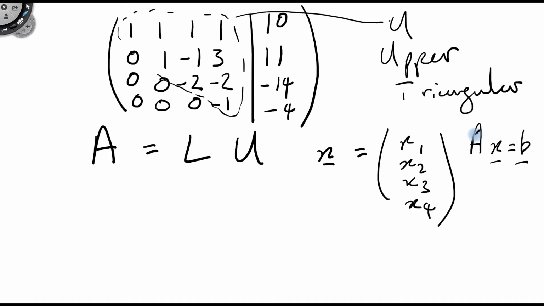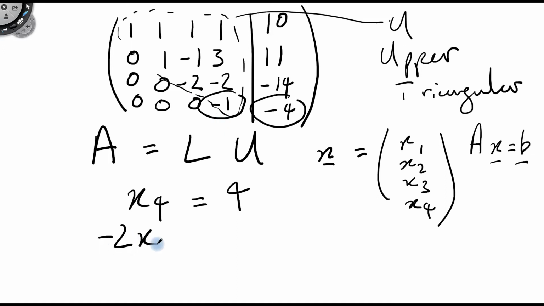So these two elements here correspond to x4 equals 4. So it's easy. And then we can evaluate the next line up, which is minus 2 times x3 minus 2 times x4 equals minus 14. And then we just substitute in x4 from the previous line.